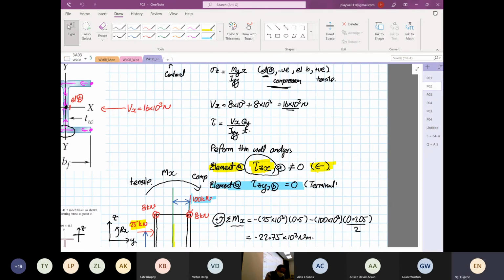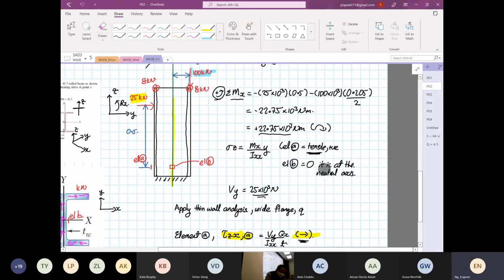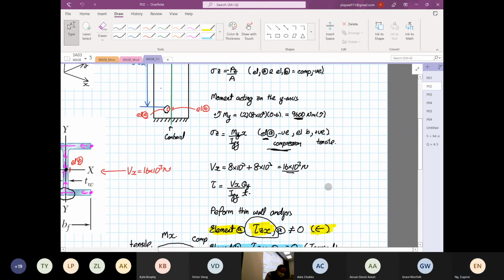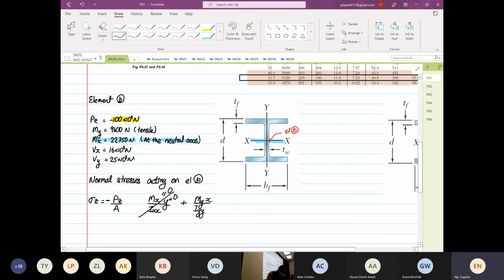So this is last Friday. I'm looking for moment at Y. So the moment at Y on element B is tensile over here. So we have this from last week. So it's positive. So that's why I put a plus down here.